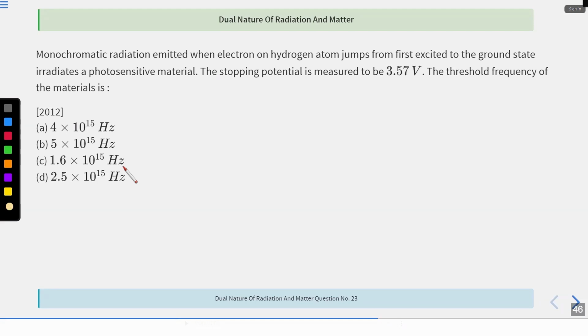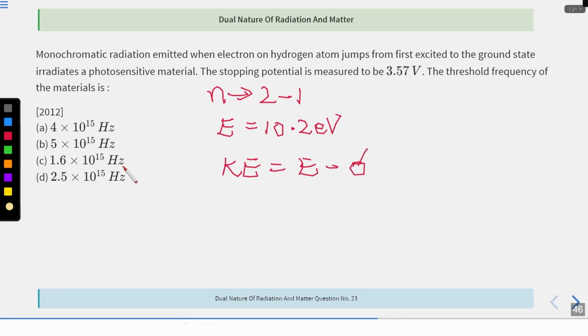We have been given that from the first excited state, it goes to the ground state. So n is nothing but 2 minus 1. So I can tell that my energy was 10.2 eV, and kinetic energy is nothing but the energy minus the phi, right? So I can also tell that my Q is equal to 10.2 minus 3.57.